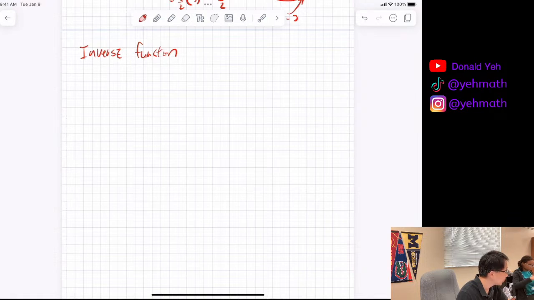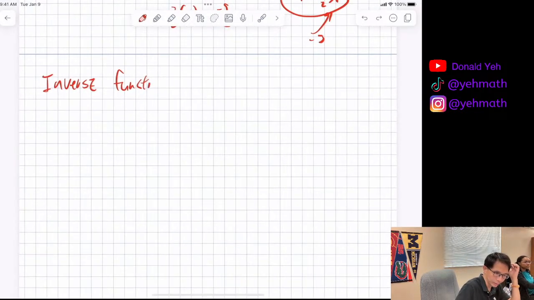The pre-calc level is going to be a lot higher than what I have taught in Algebra 2. You guys ready? Okay. You're going to write down notes, and those notes are going to help you.